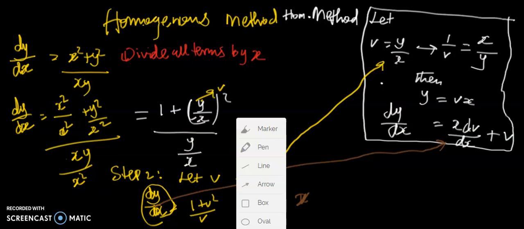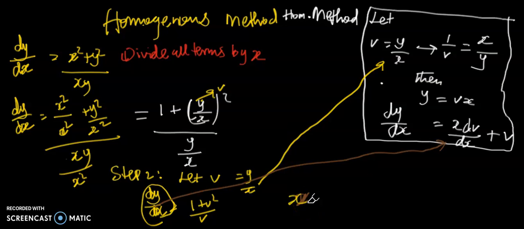We will simply have x dv divided by dx plus v, and this is equal to 1 plus v squared divided by v.